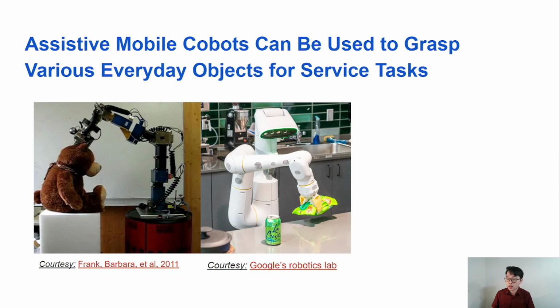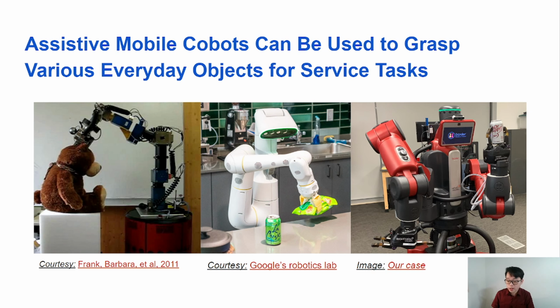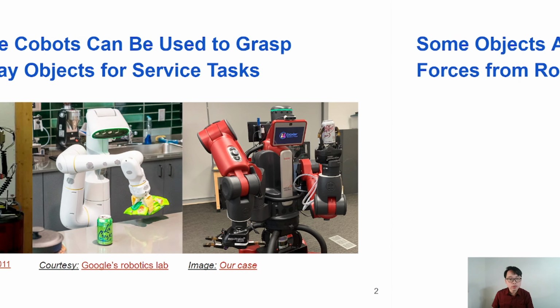Secondly, we will have a lot of robots in the kitchen that will grab your snack. For example, right here we have the Google robots from their labs. Or thirdly, we have a robot to grab a can, right? Like in this image is our case.